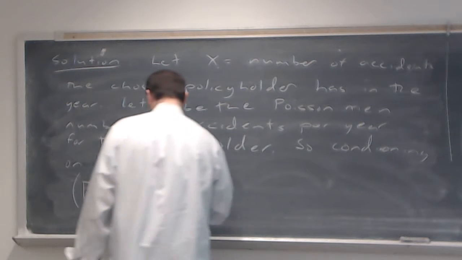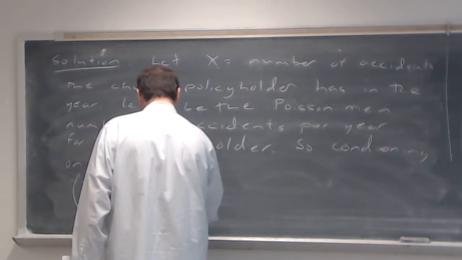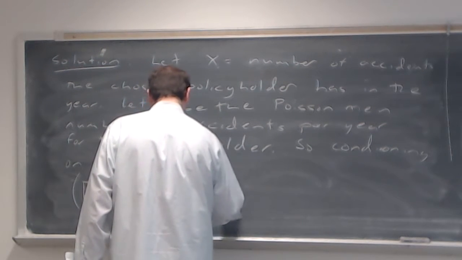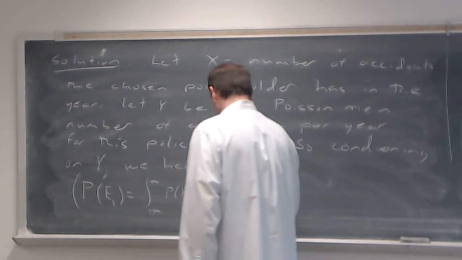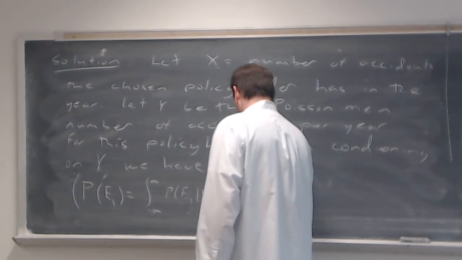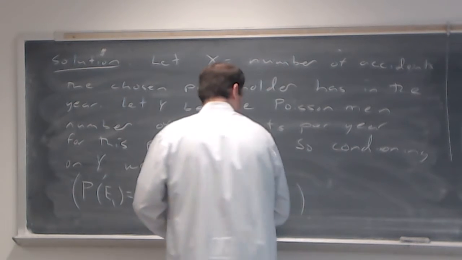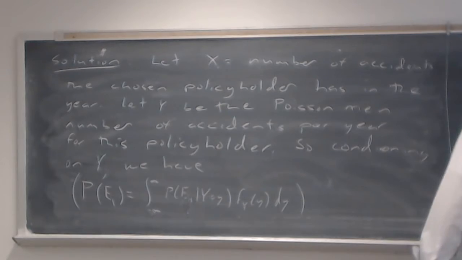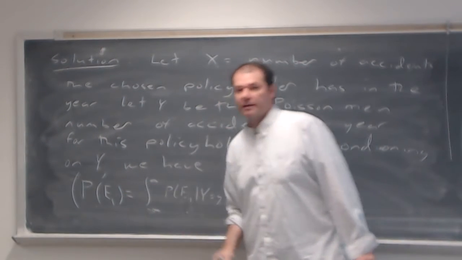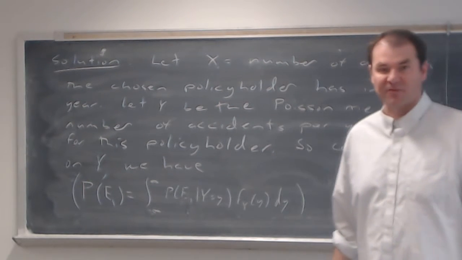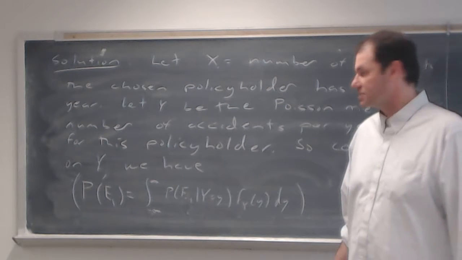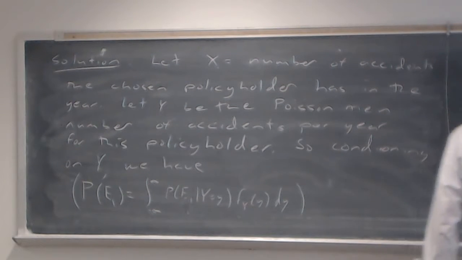In general, this is what it is: the probability of E sub 1 given y equals y, times f sub y of y, dy. So what do we have in our situation? Well, E sub 1 is that x, the number of accidents for that particular chosen person, is equal to n. That's what we're going to be working with.